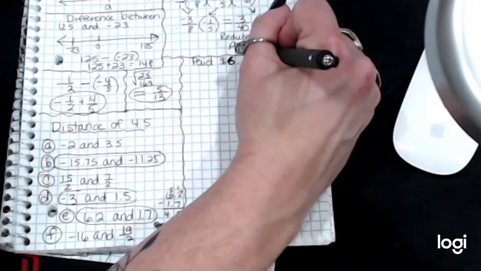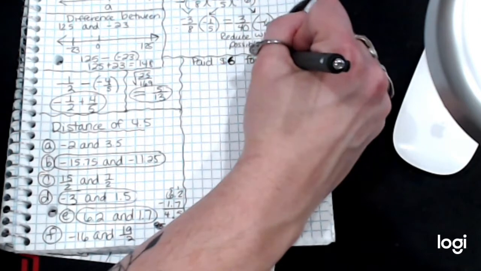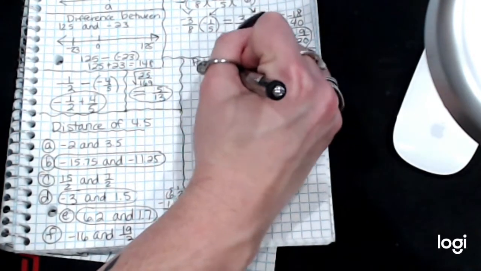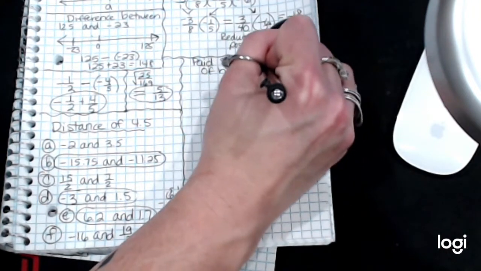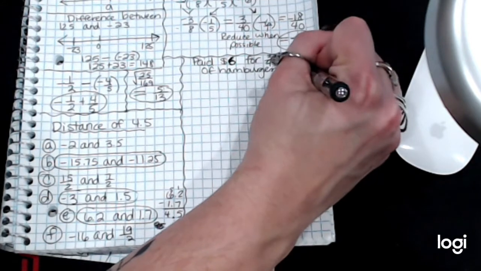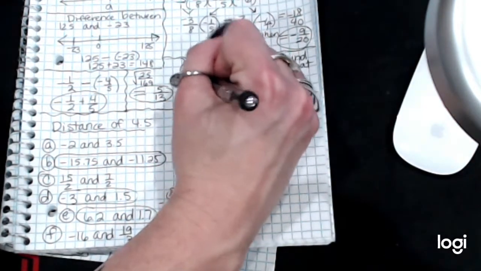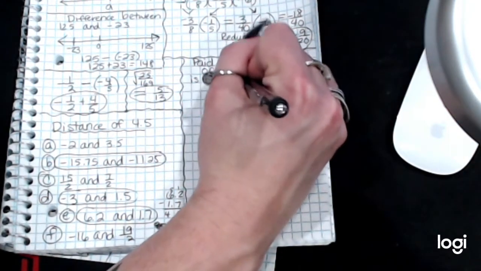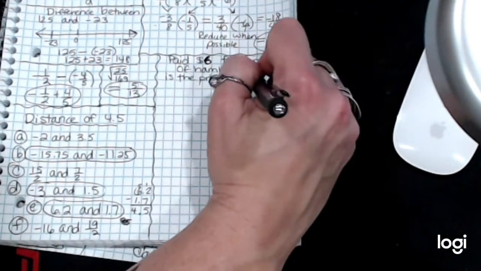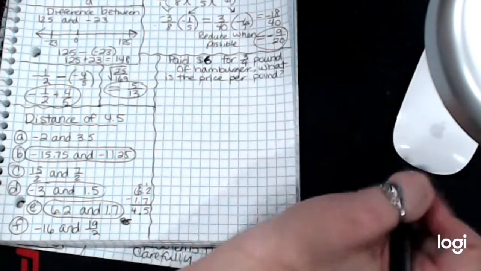If you paid $6 for 3/4 pound of hamburger, what is the price per pound?